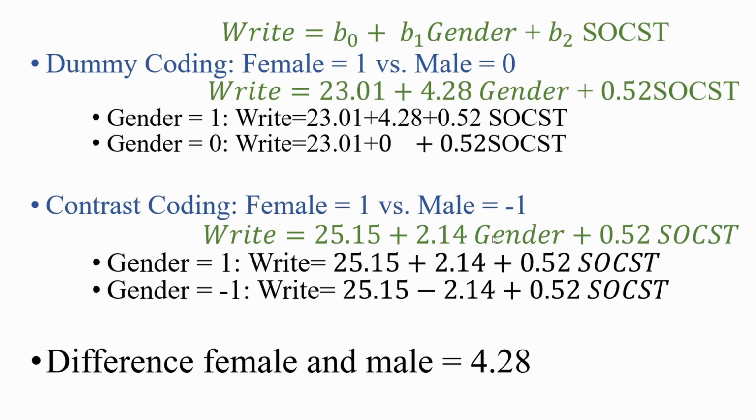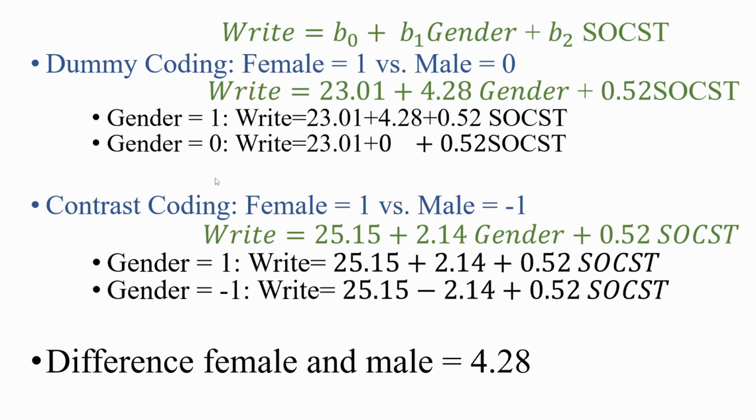In contrast, when you use contrast coding, the regression coefficient for the categorical variable needs to be multiplied by 2 in order to get the difference between male and female in terms of writing score.